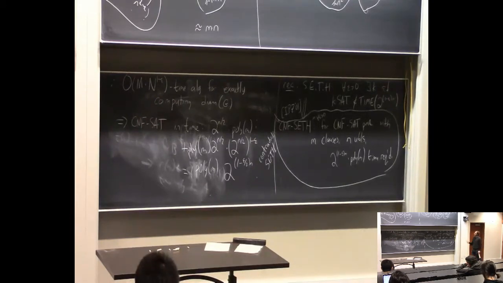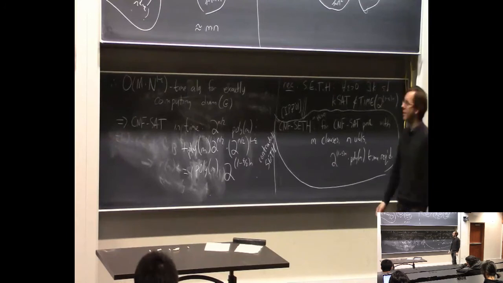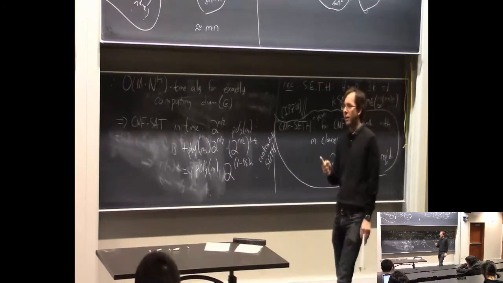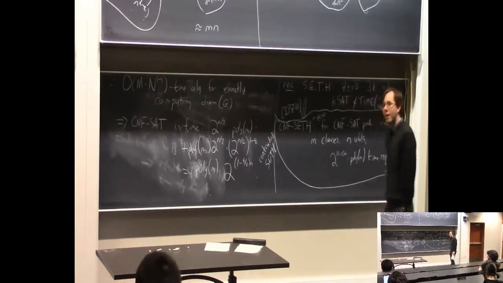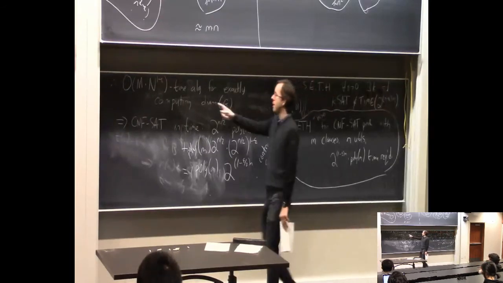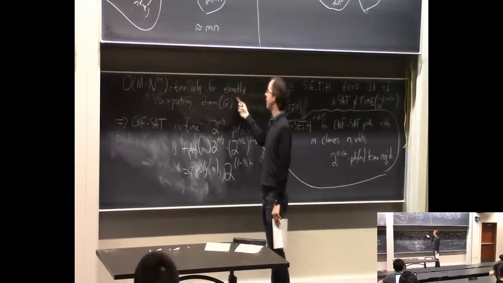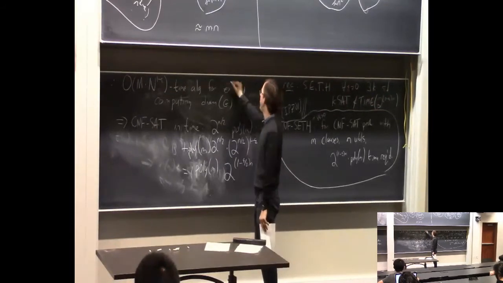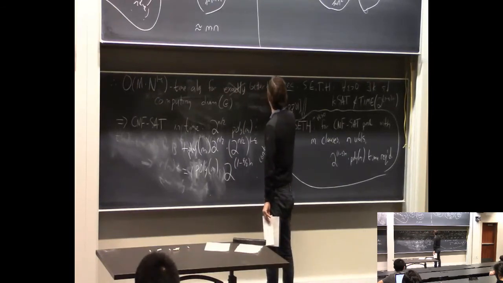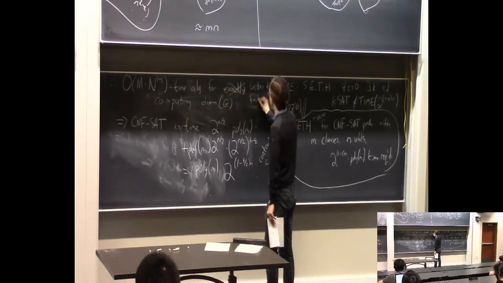Actually, this outline and result is even cooler than I stated. Does anybody see why? Yeah? That's right. It shows that not only could you not have this time algorithm for exactly computing the diameter, you couldn't even do better than factor 2/3 approximating.